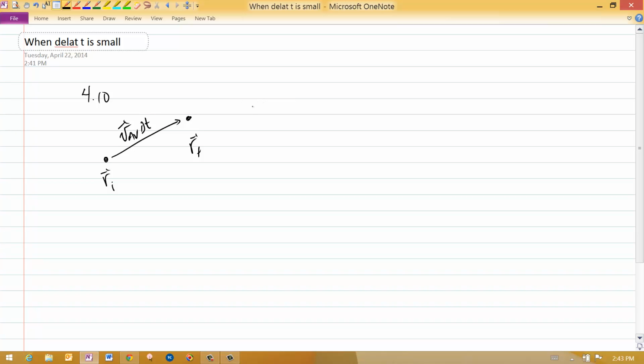But if I let delta t get small, then the final position of the object is going to get closer and closer to the initial position. So if delta t is half and the average is the same, you'd wind up here. If it was 1/100th, you would wind up somewhere there. And if it's very, very small, the r initial and the r final would be almost the same.